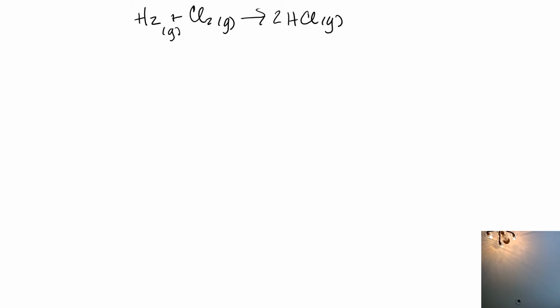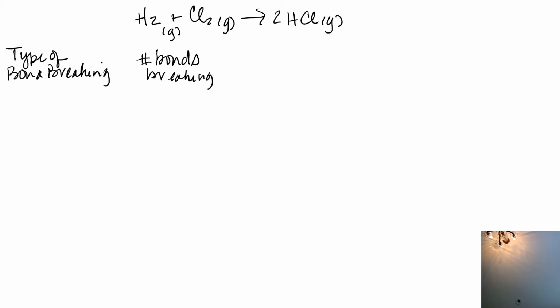2HCl gaseous. Okay, so I set up a table and it consists of the type of bond breaking, first of all, then the number of bonds breaking, the bond enthalpies, and I'm just going to abbreviate that as BE, and those are in kilojoules per mole, for that matter.